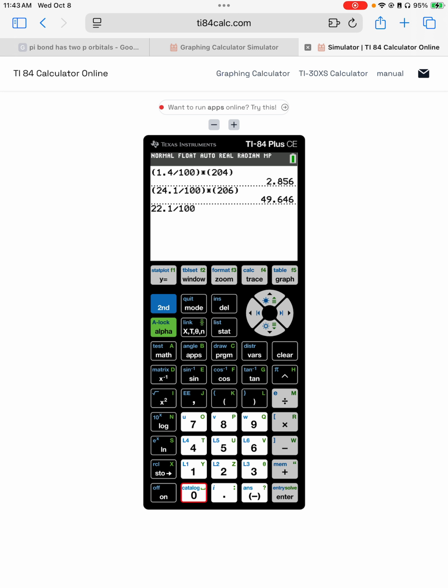Oops, look what I forgot to do, my parentheses. 22.10 divided by 100 times our mass, which was 207.0. And then the last one was 52.40% divided by 100 times our mass, which was 208. And now I'm going to add these all up.